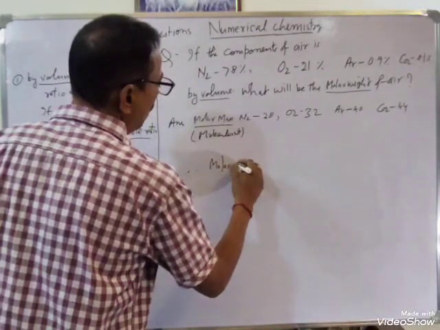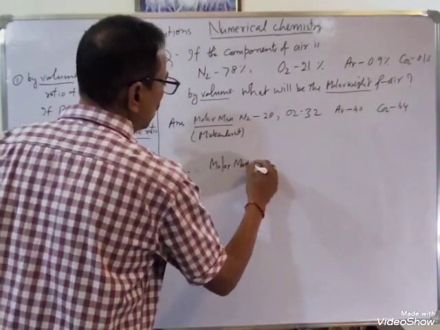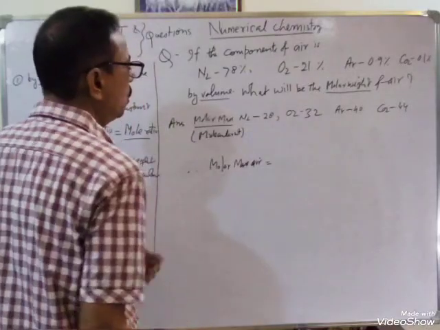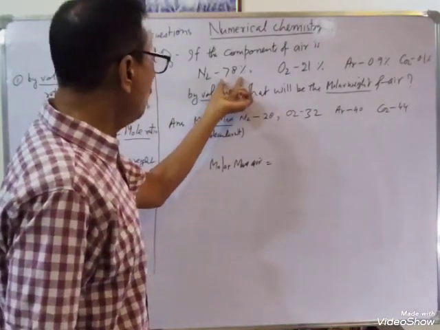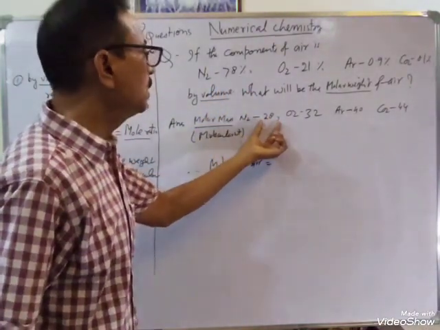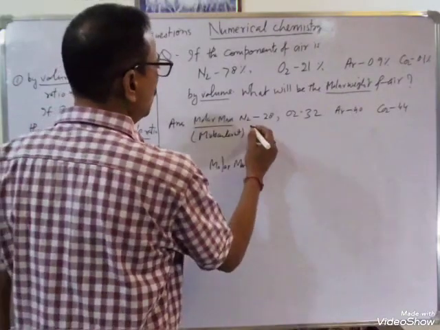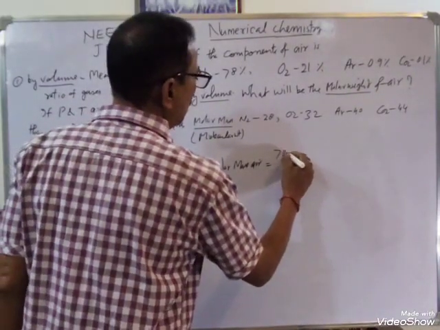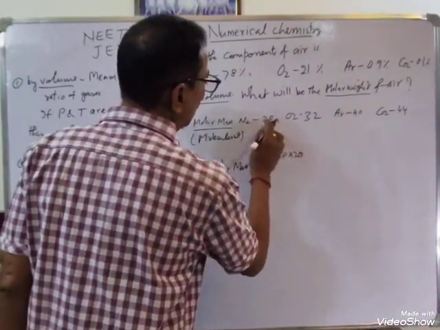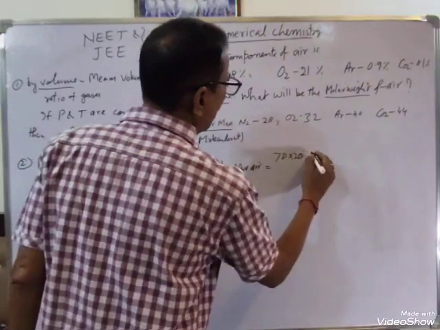the molar mass of air is equal to volume into molar mass. Individually, for nitrogen 78% of 28 molar mass.